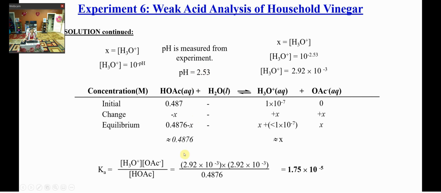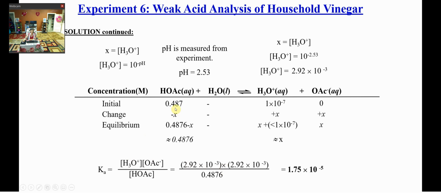In our case, you measured your pH value, for example, 2.53. You calculate your hydronium based on 10 to the negative pH, so the hydronium concentration equals 10 to the power negative 2.53. Calculate your hydronium concentration and then replace these values into your Ka expression.